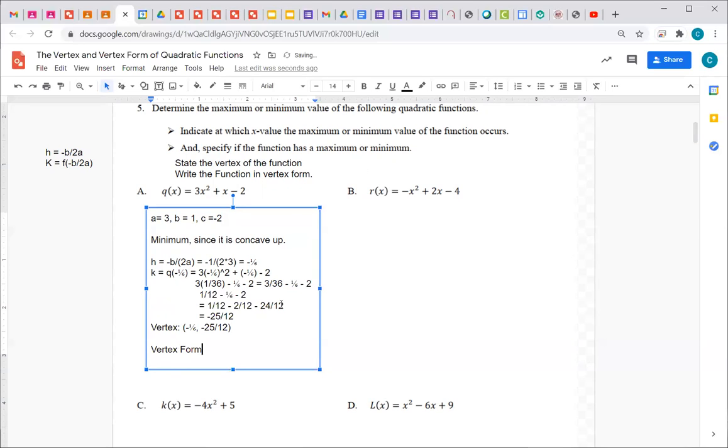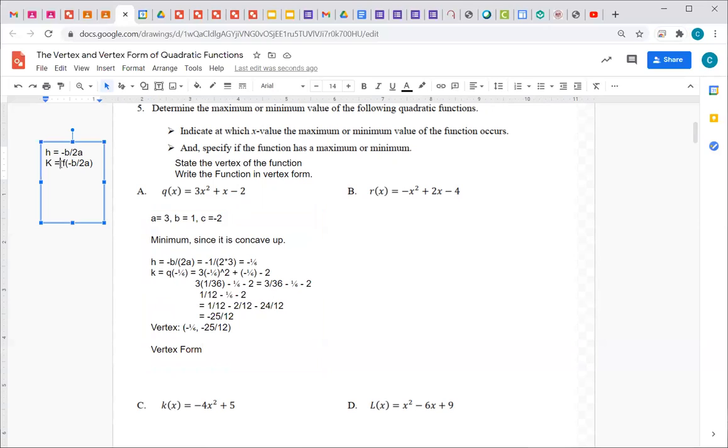I know this is a lot of stuff, but basically we find the vertex, then use vertex form. So again, what is vertex form? I'll write it over here.